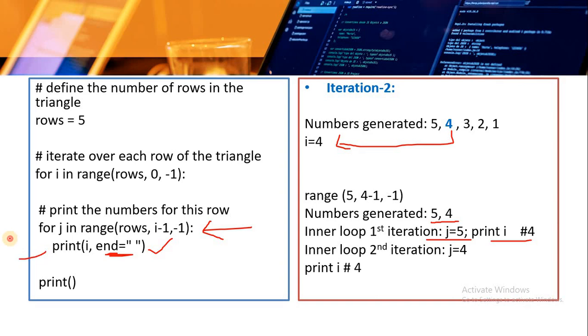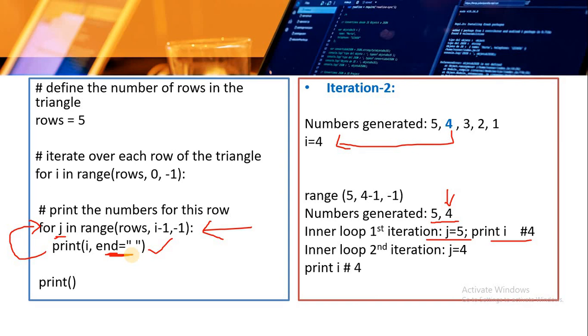Again it is redirecting to the inner loop. In the second iteration of the inner loop, we have a second value to store into j. What is the second value? We have 4. So 4 will be stored into the looping variable j. Entering into the loop, i value is printed. We are not printing j value, remember. So i value is 4 only. Again 4 will be printed and a space is created.